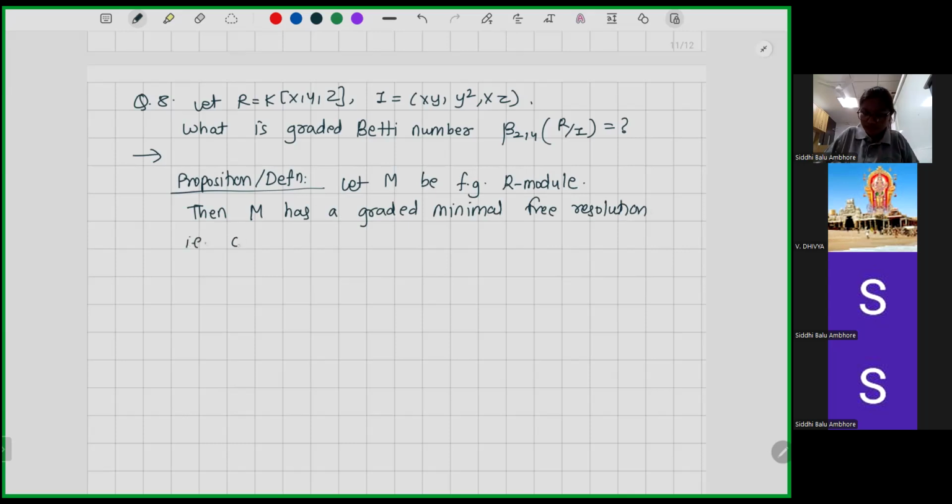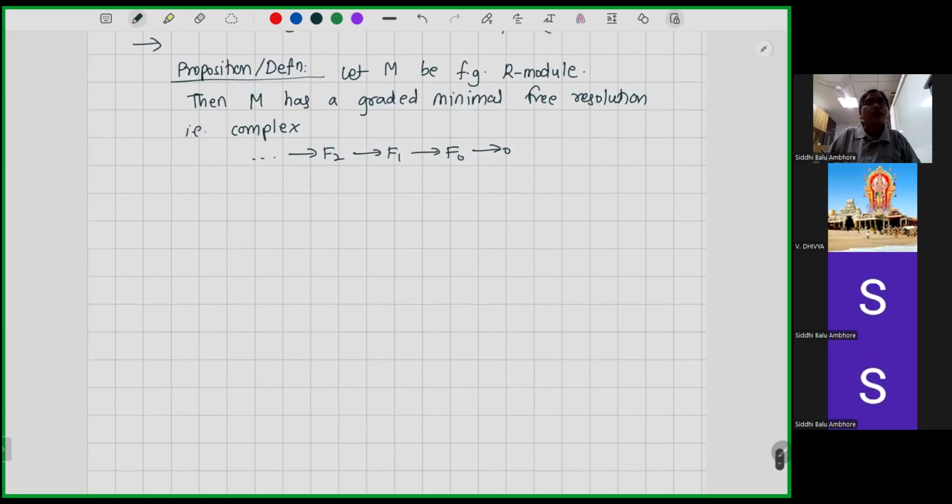That is this complex: F2 going to F1, of finitely generated graded free modules Fi with degree preserving maps.